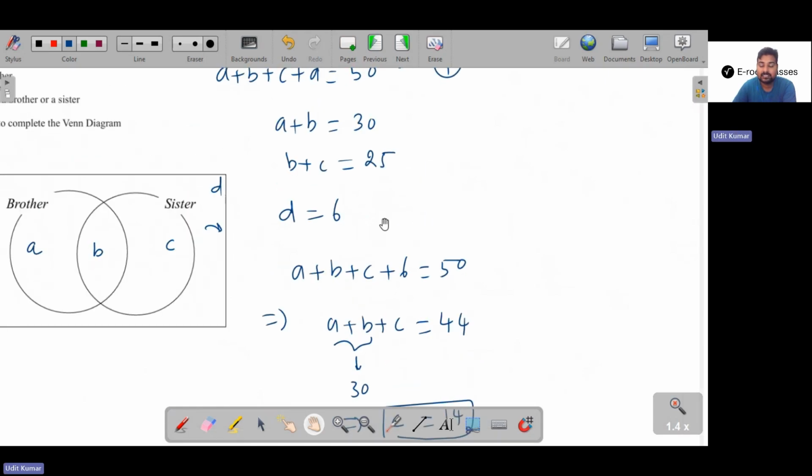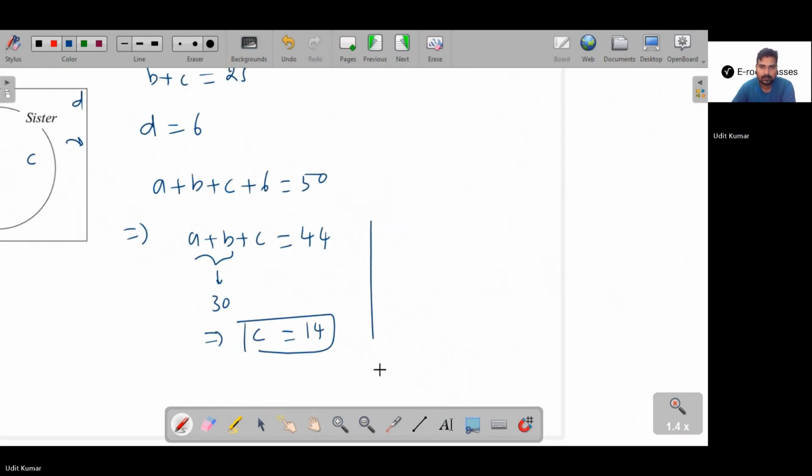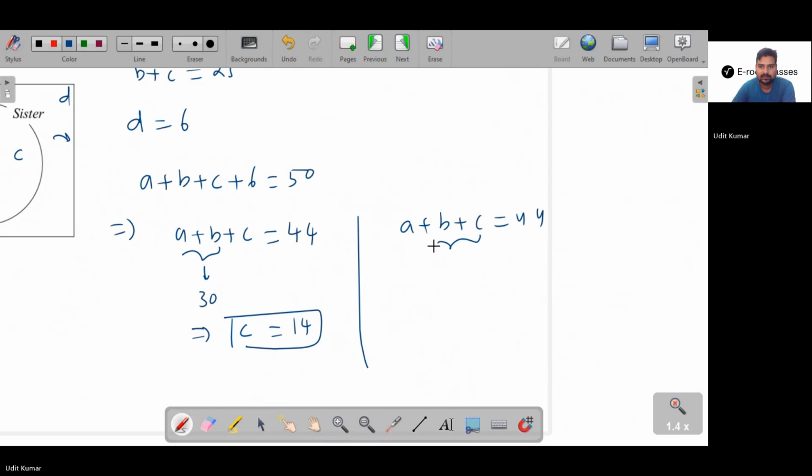Then we know that B plus C is 25, okay? So A plus B plus C is 44, and I know that B plus C is 25. So I can clearly see that A is 44 minus 25, which is 19.